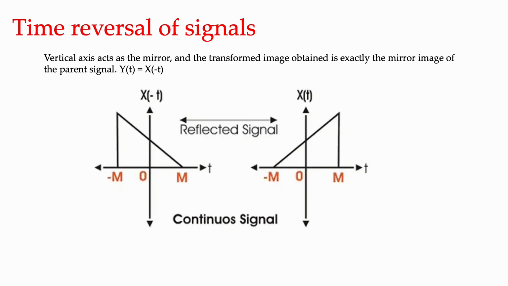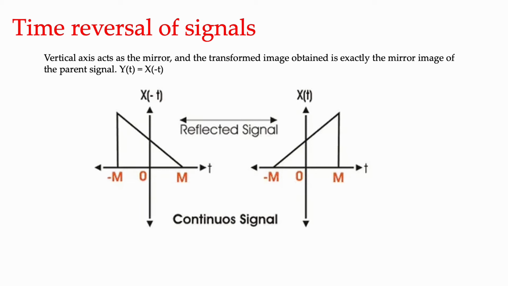The next one is time reversal of signal. About the vertical origin, this is the vertical axis. About this axis, the right-sided signal is reflected in the left side, and the left-sided signal is reflected in the right side. So this is the concept behind reflection, time reversal.